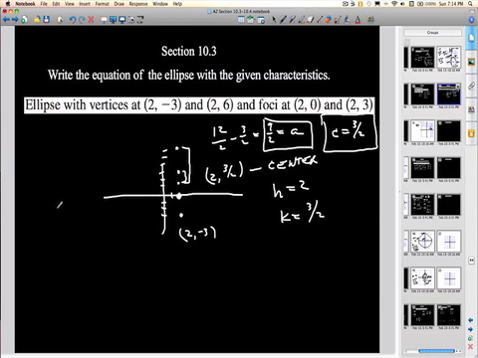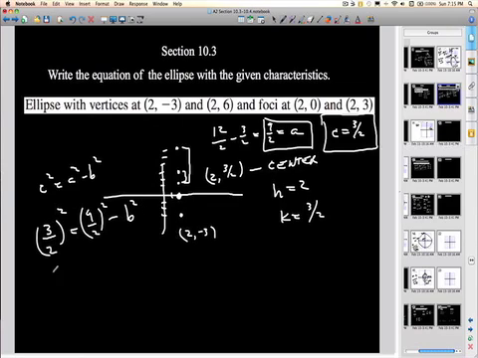So remember now, we're going to use this guy. c squared is equal to a squared minus b squared. So I know 3 halves squared is going to be equal to 9 halves squared minus b squared. When I square this, I'll get 9 fourths.